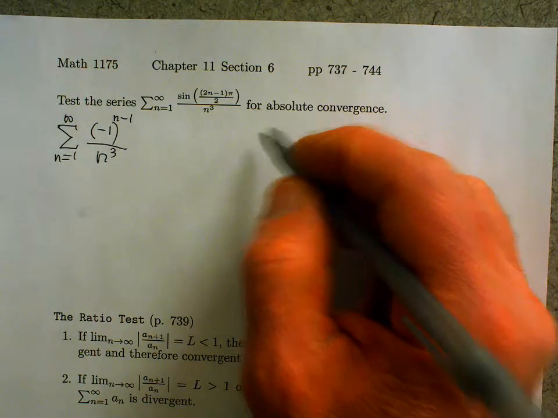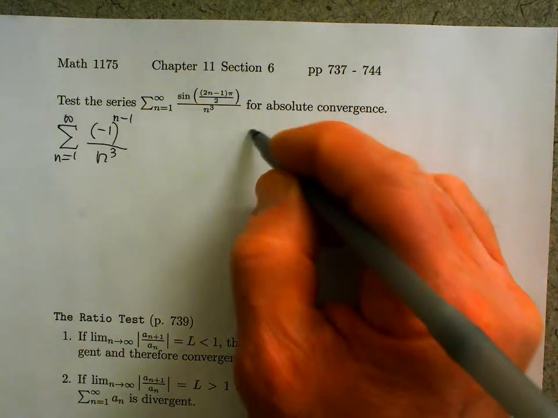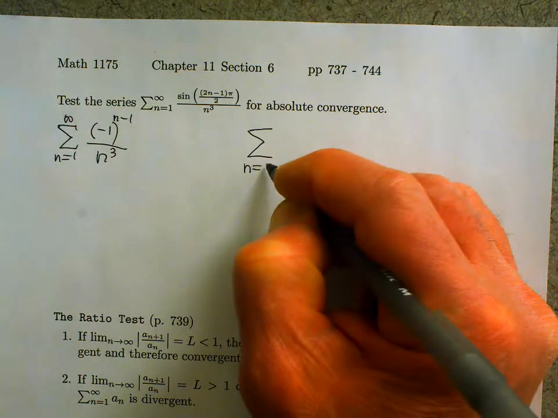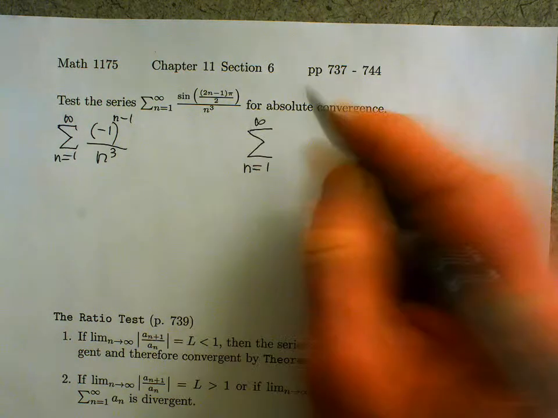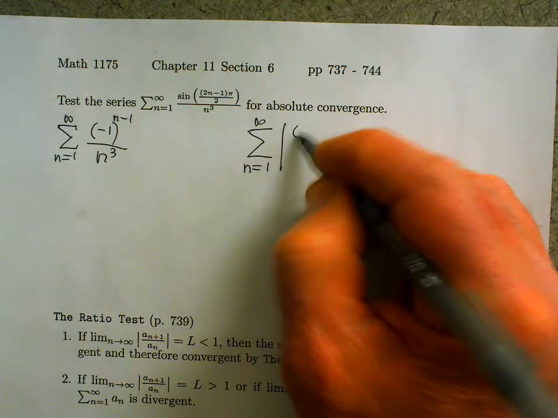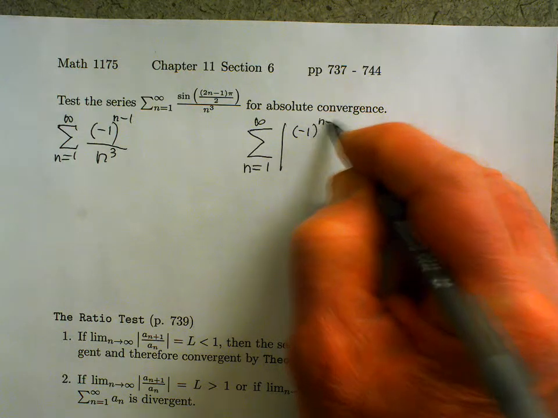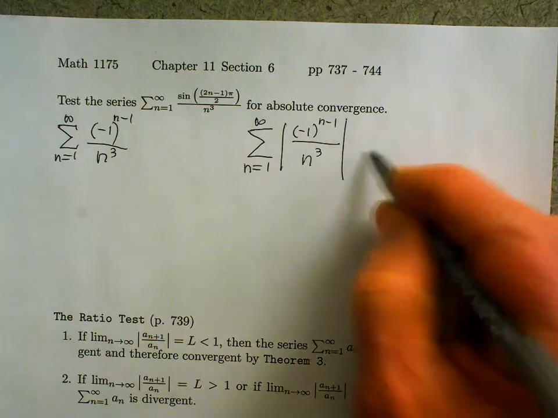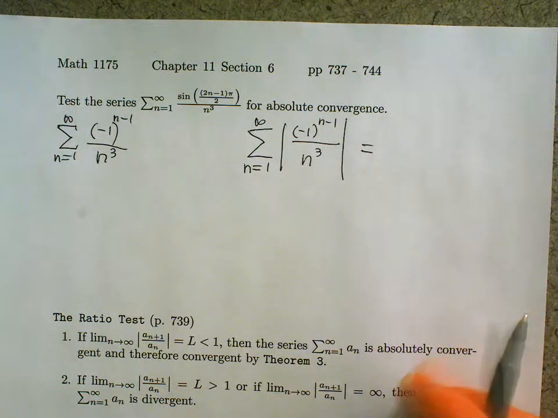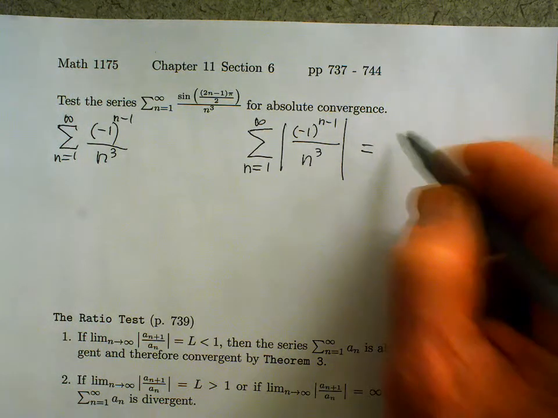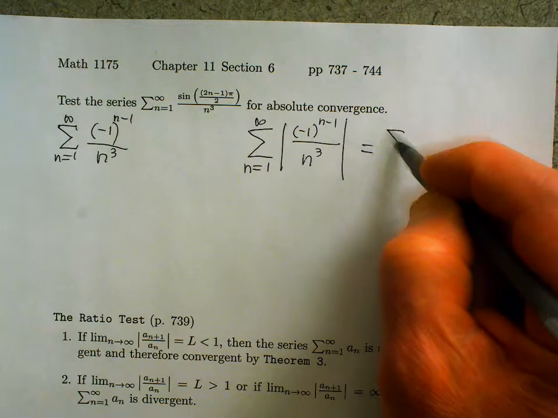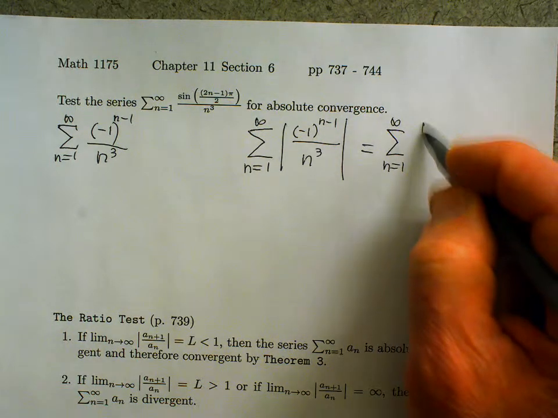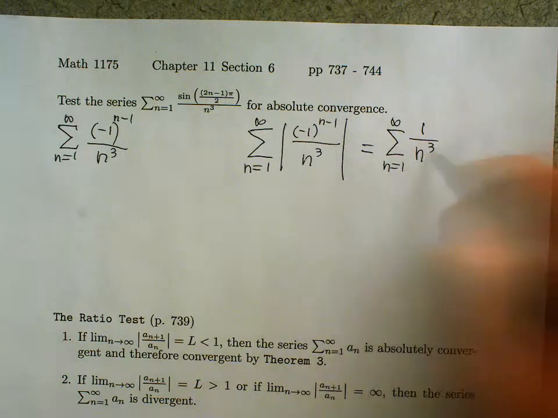Here, to test for absolute convergence, we just take the absolute value of the terms. So when we take the absolute value of the terms, we can write this as the series from n equals 1 to infinity of 1 over n to the third.